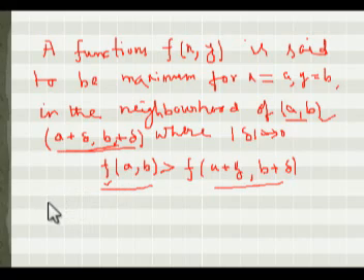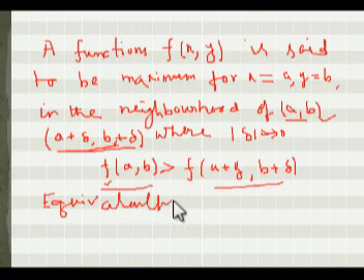Equivalently, a minimum exists if f(a, b) is less than or equal to f(x, y) in the neighborhood of (a, b).